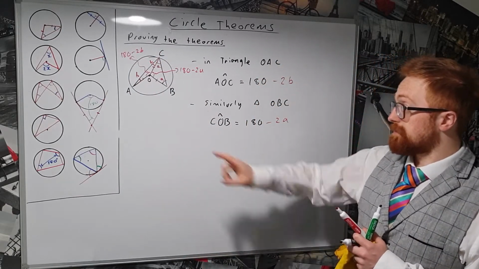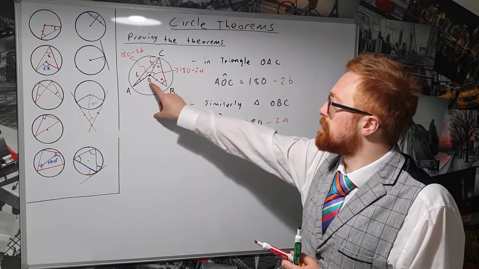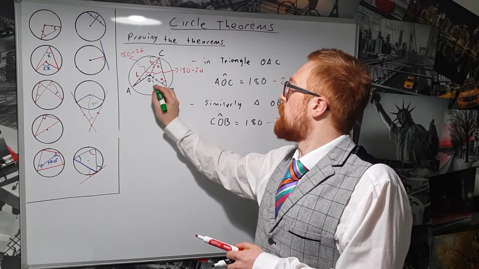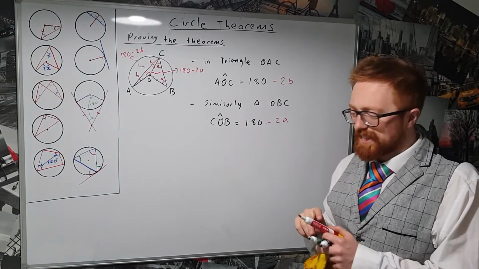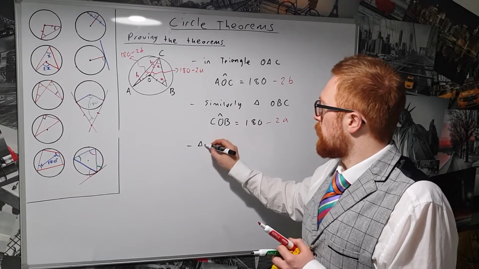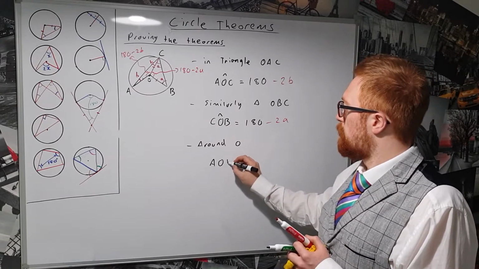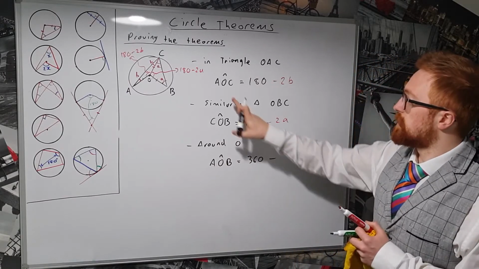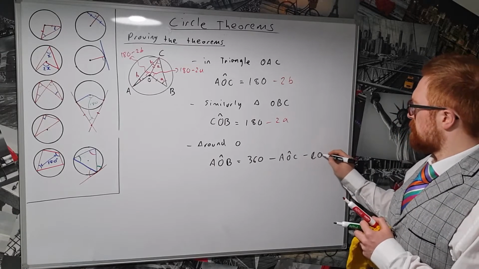Okay, we're nearly there now. We now have angle AOB to work out, this angle here. That is the third of three angles around a point, and as we know, angles around a point add up to 360. So around O, we have AOB is equal to 360 minus AOC minus COB.